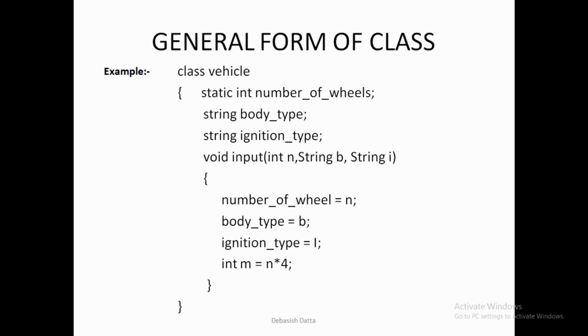So number of wheels, body type, and ignition type are member variables, but M, which is declared inside the input method, which also happens to be declared inside the vehicle class, is not qualified as a member variable because M is declared inside the input method. Hence, the member variables of the vehicle class are not M or N or B or I. Its member variables are number of wheels, body type, and ignition type.